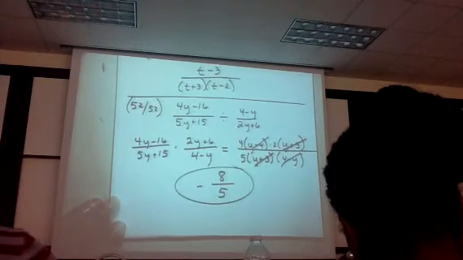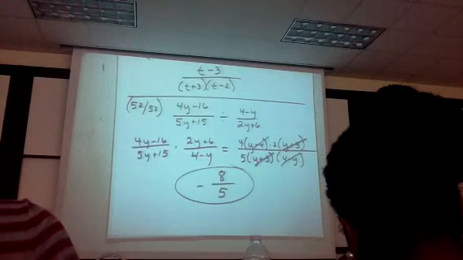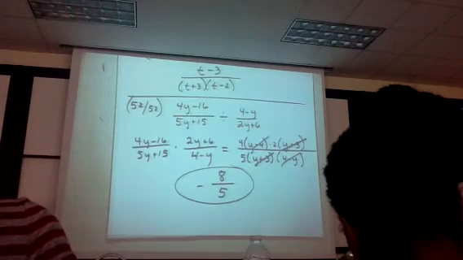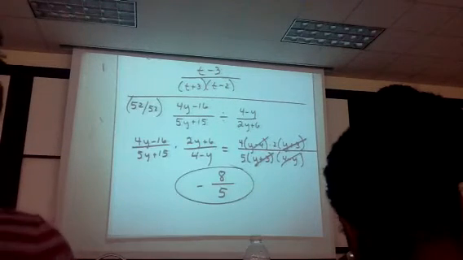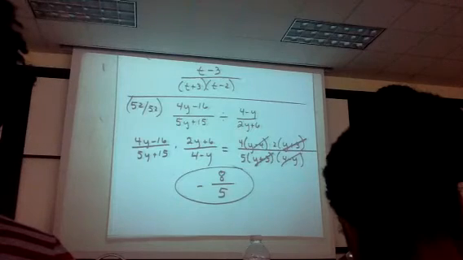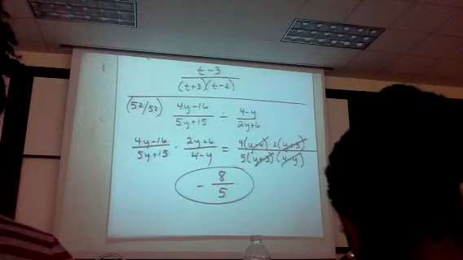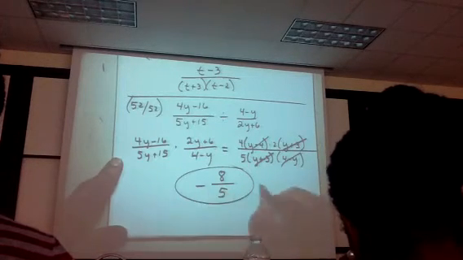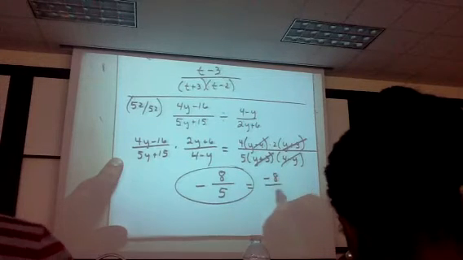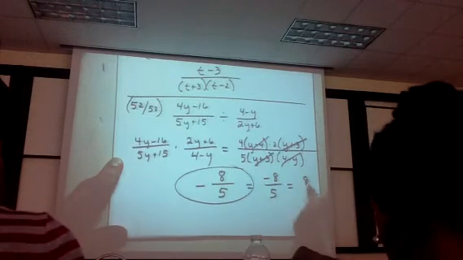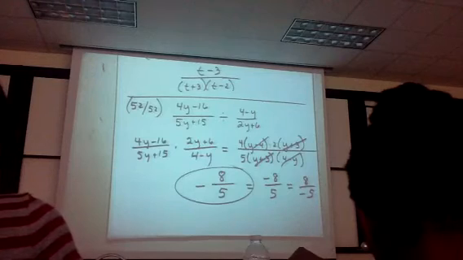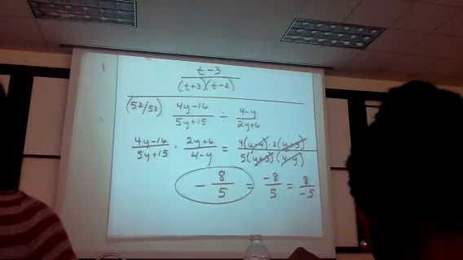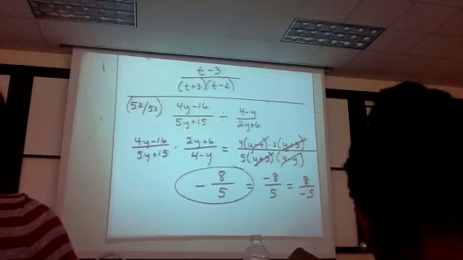It does not matter where you put the negative. It might to Webster's, but it doesn't to me. Understand that negative 8/5 is the same as negative 8 over 5 is the same as 8 over negative 5. Those are all the same. Put any of those in your calculator and you're going to get exactly the same value.